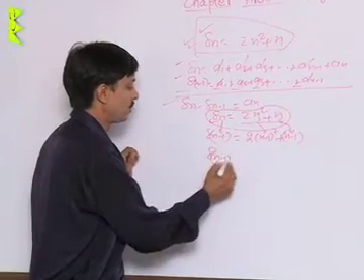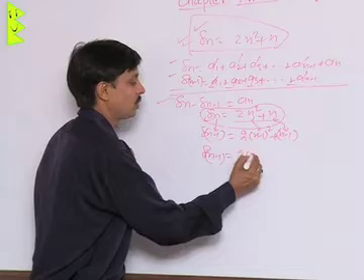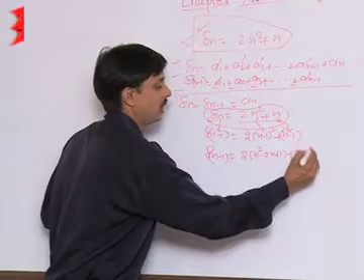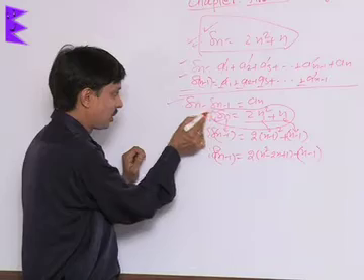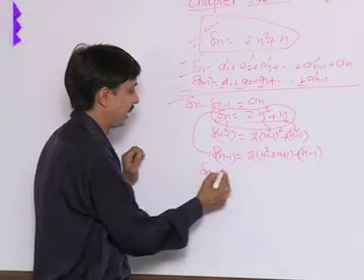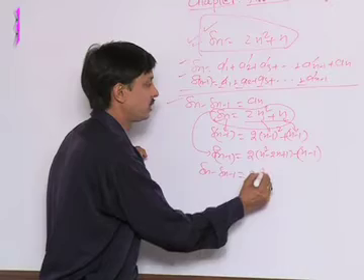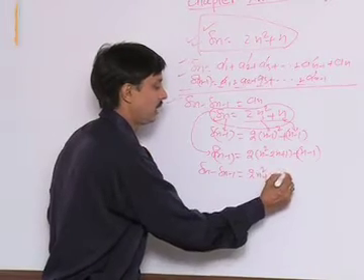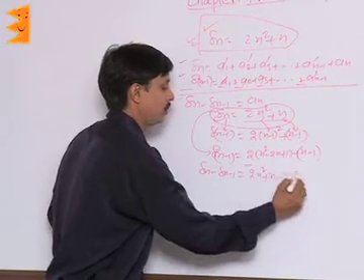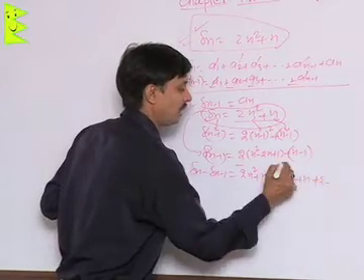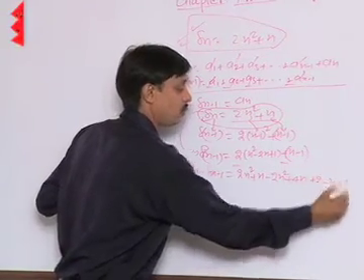So Sn minus 1 comes to 2 times of n square minus 2n plus 1, plus n minus 1. The difference Sn minus Sn minus 1 gives us 2n square plus n minus 2n square plus 4n minus 2 minus n plus 1.